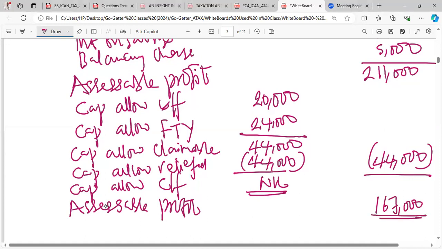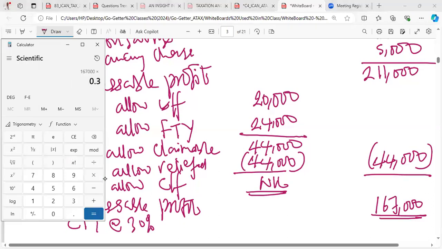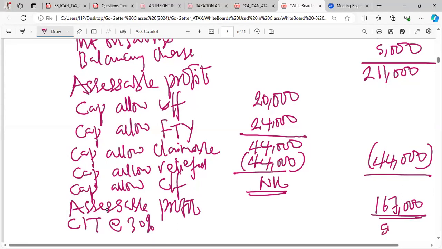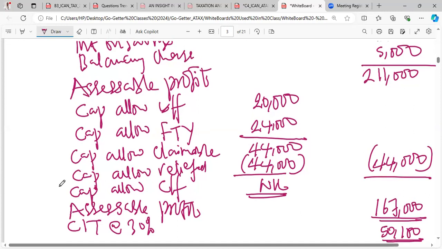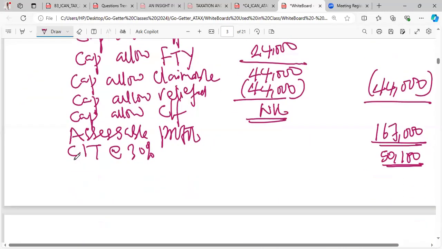And of course, your CIT at 30%, so 0.3 should give me 50,100. Let me write my CIT here, 50,100. So that's it for this particular year, 2010. We'll go to 2011.